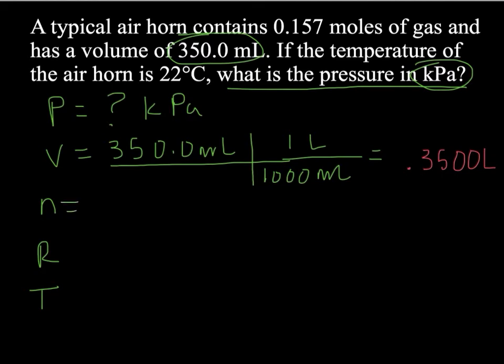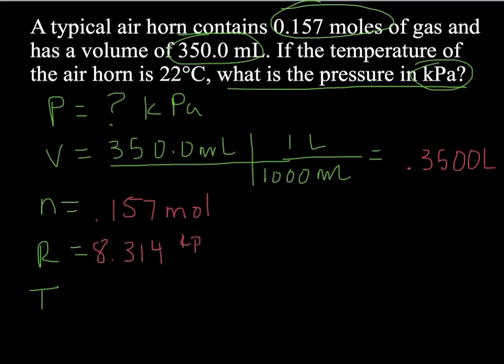My value for n is 0.157 moles. My value for R needs to be my R value for kilopascals, so my R value here is 8.314 kilopascals times liters divided by moles times Kelvin.